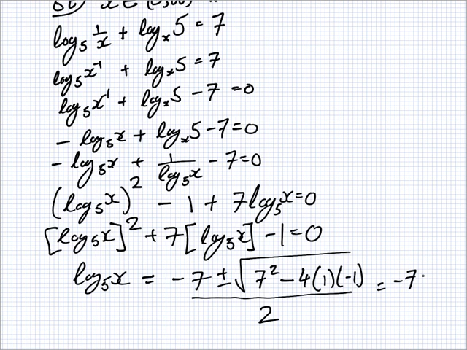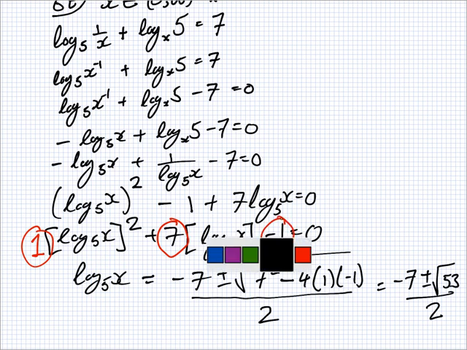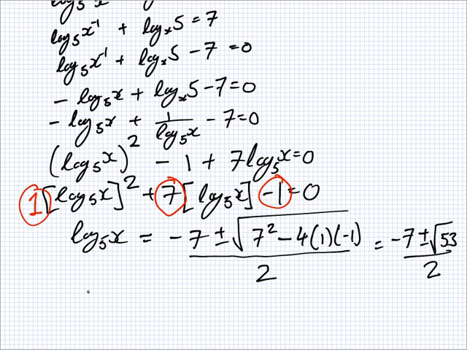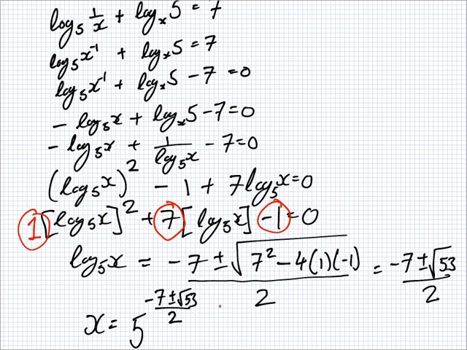Minus 7 plus or minus root 53 over 2. B squared minus 4ac, so the a is 1, the b is 7, and the c is minus 1. So I finish up here with x equals 5 power minus 7 plus or minus root 53 over 2 as my answer at the end there.